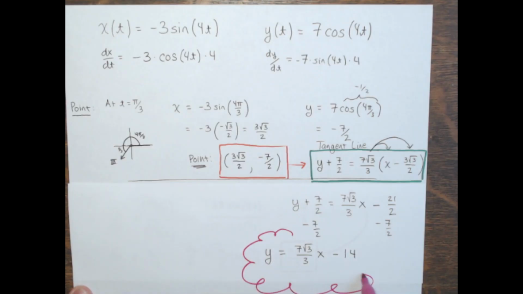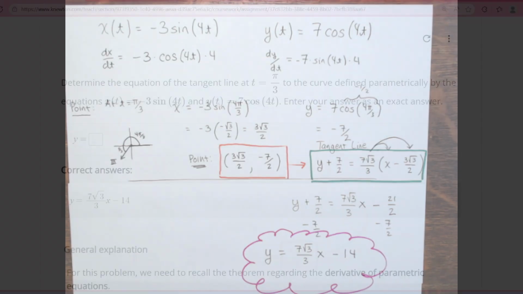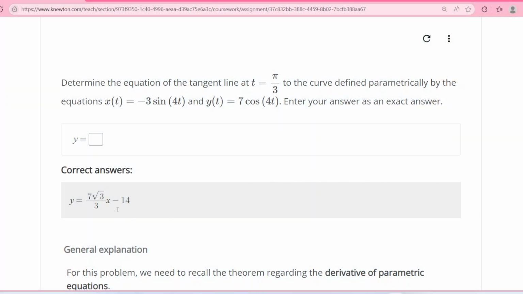This is what they asked for here, right? The slope-intercept form. They're the same equation, they really are. But this is point-slope form, and this is slope-intercept form at the end. And if we go back and look, that is exactly what's gotten here, right? 7 root 3 over 3 times x minus 14. So looks like I did okay.